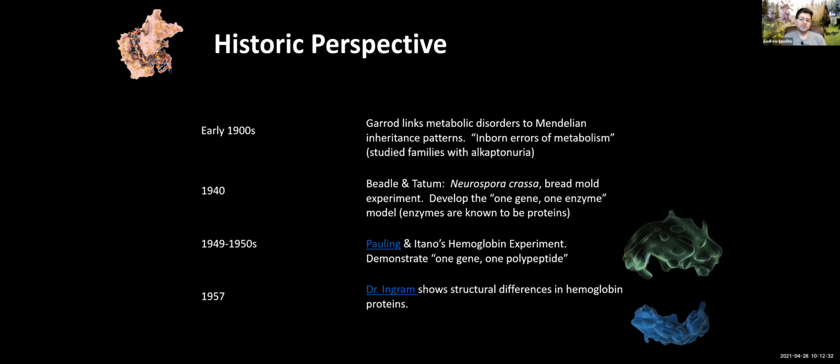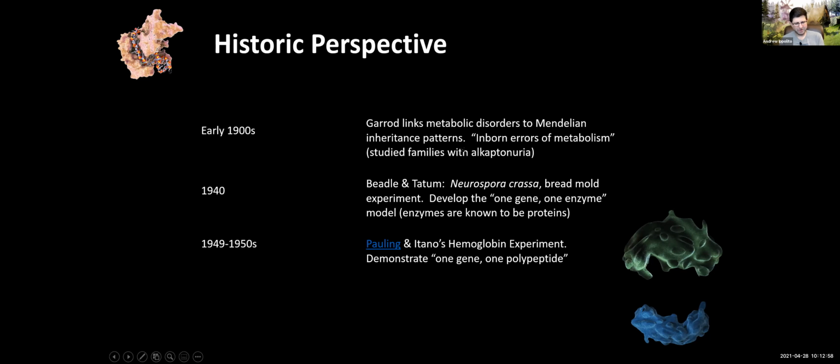We then go on to understanding hemoglobin, and that hemoglobin isn't one thing, it's actually 4 things, 2 different chains, alpha globin and beta globin. They finally realized that a gene encoded the information to make just a polypeptide, a chain of amino acids. So that's the modern version of a gene.